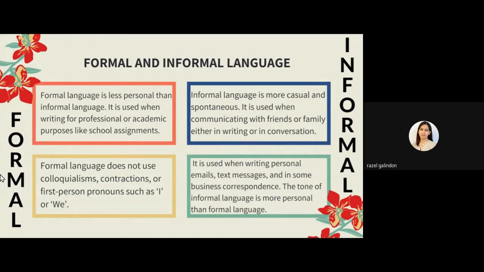Yung because, ginawang cause. Okay, so you should not use those contractions if you are writing formal and you are using formal language. While informal is used when writing personal emails, text messages, in some business correspondence, the tone of informal language is more personal than formal language.